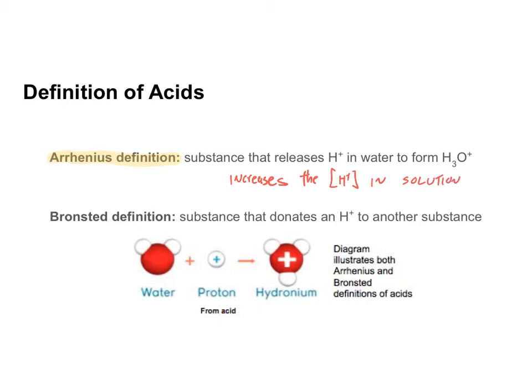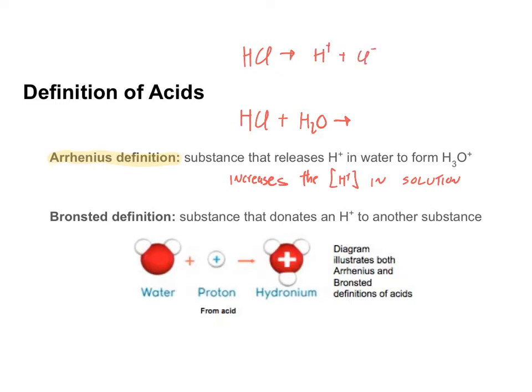If we take something like HCl, which is hydrochloric acid, and we add it to water, the HCl will break apart into the hydrogen ion and the chloride ion. From the last unit in solutions, we talked about the fact that ionic compounds will dissociate into their ions.